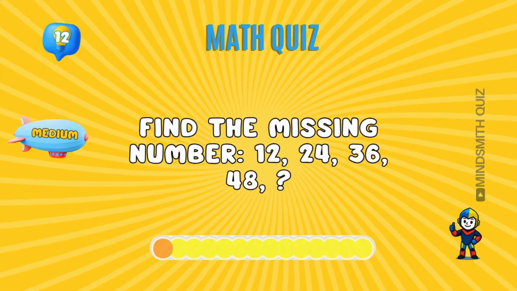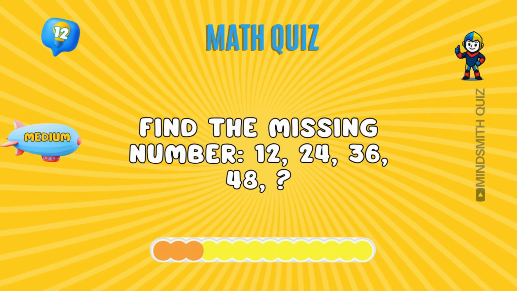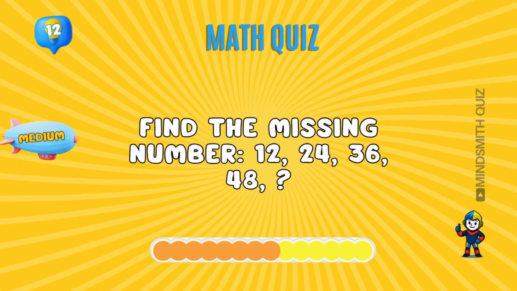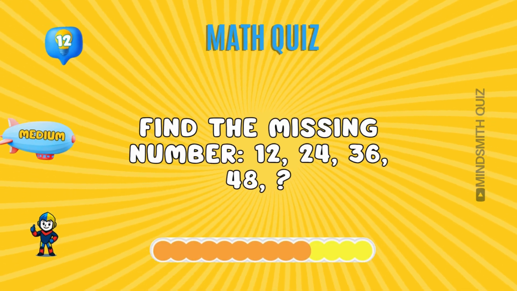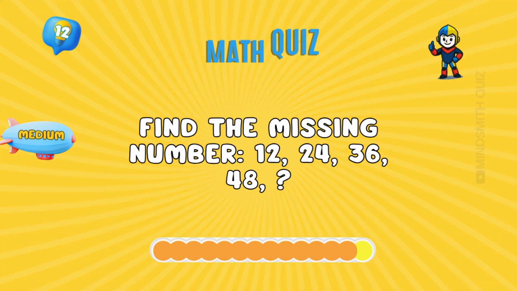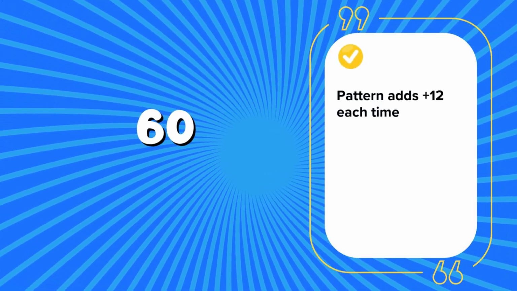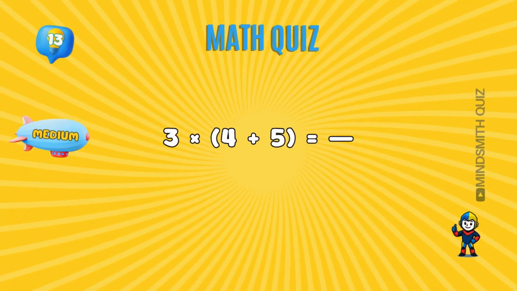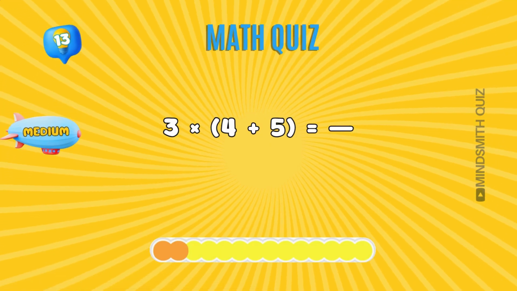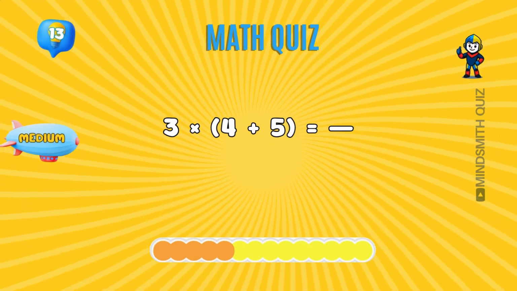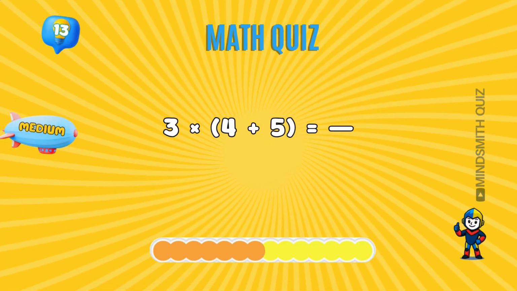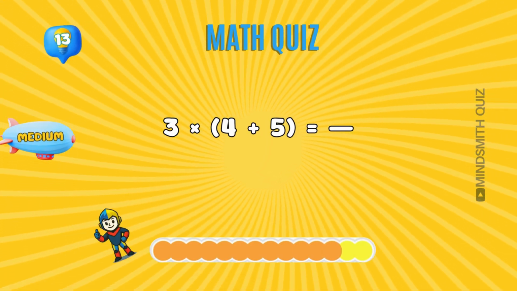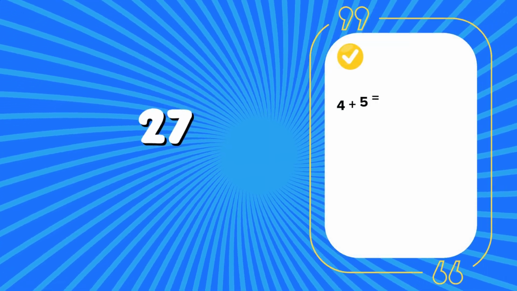Find the missing number: 12, 24, 36, 48. 60. Great. 3 times 4 plus 5 equals. 17.